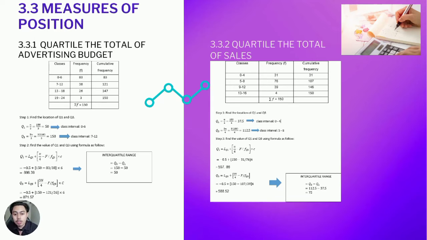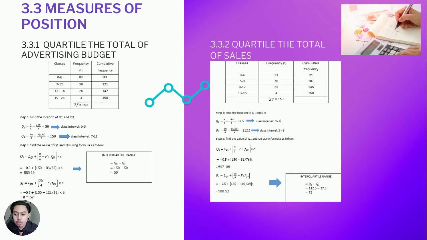So we move to the next one, which is quartile the data of the total sales. We use the same method, and we got the classes 0 to 4, 5 to 8, 9 to 12, and 13 to 16, where the last cumulative frequency is 150.